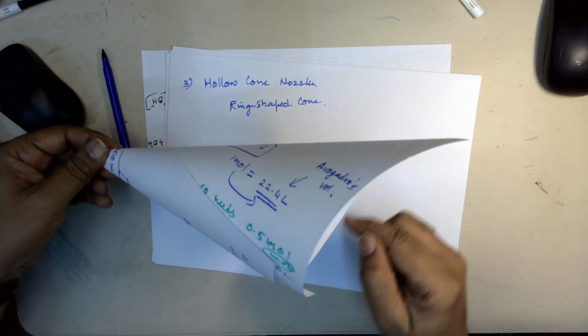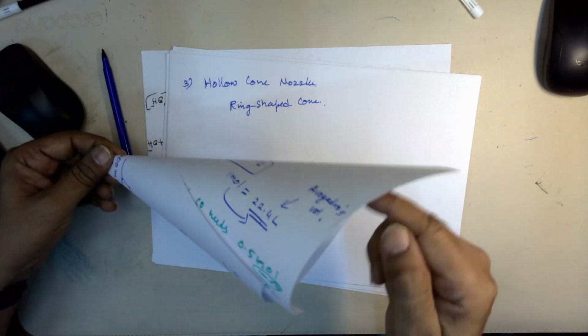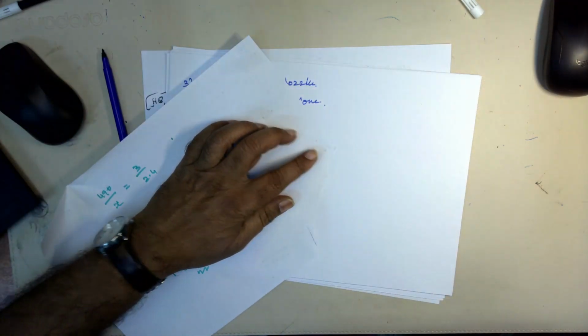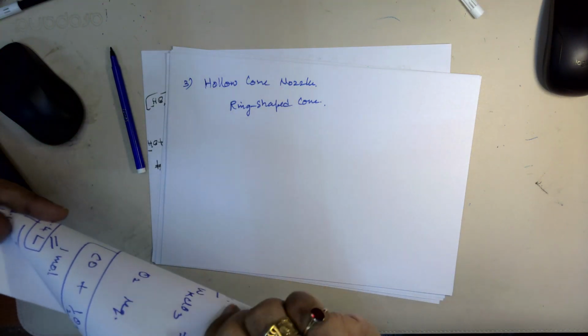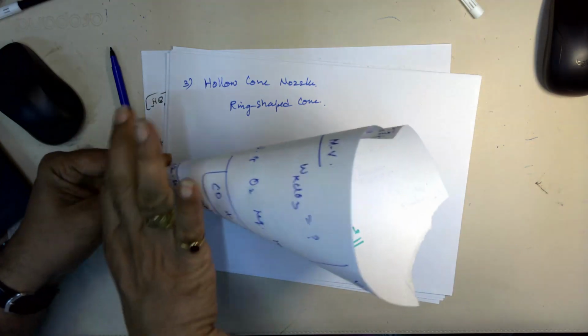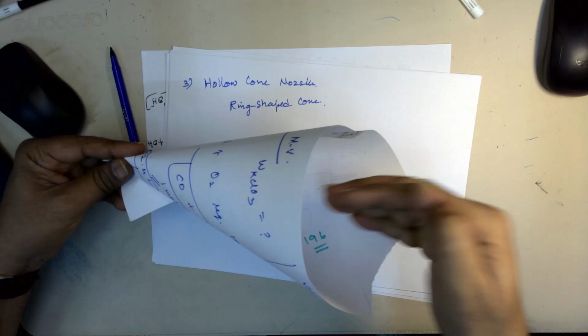It means the spray forms only on the circular periphery. Are you able to follow this? So it forms a circular pattern like this, with the liquid only on the circular pattern, not at the center.